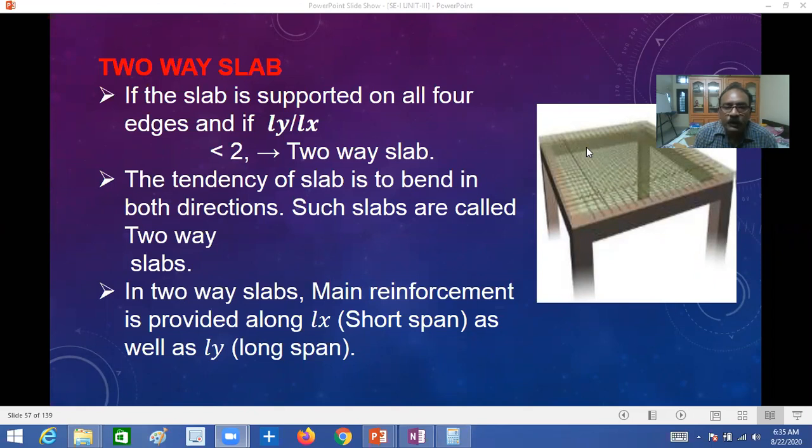This is also a very important point in the two-way slab. On the other side also, first the major reinforcement will be provided on the shorter span, and above that the secondary main reinforcement will be provided on the longer span. Okay, that I will explain.